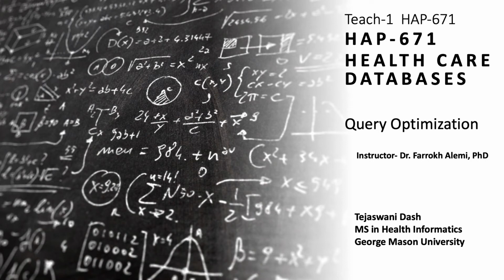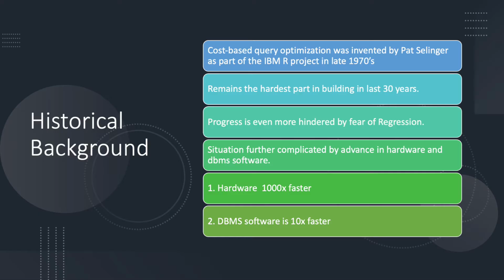In this Teach 1 session of HAP 671, that is Healthcare Database, I will introduce you to a topic called Query Optimization, taught by Dr. Farrokh Alemi. Historical background: cost-based query optimization was invented by Pat Selinger as part of the IBM R project in the late 1970s.